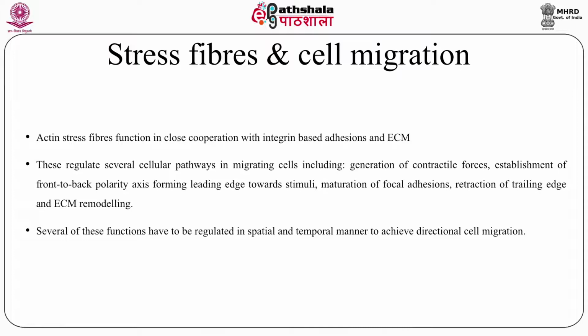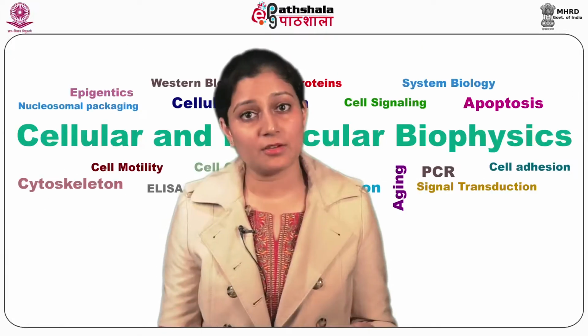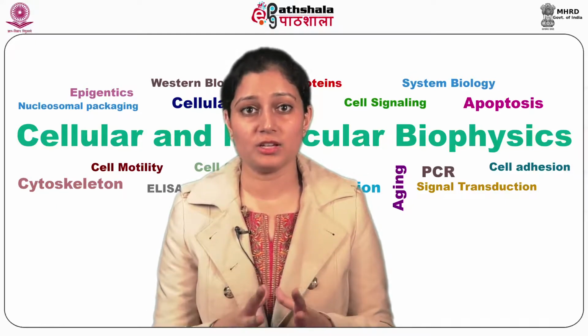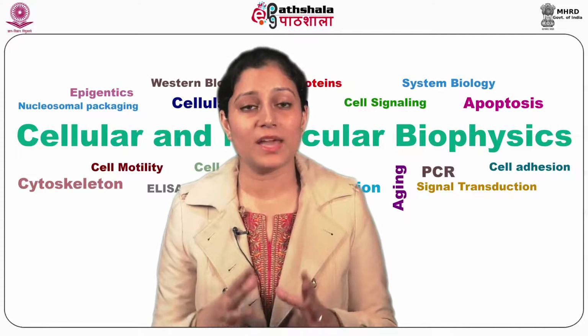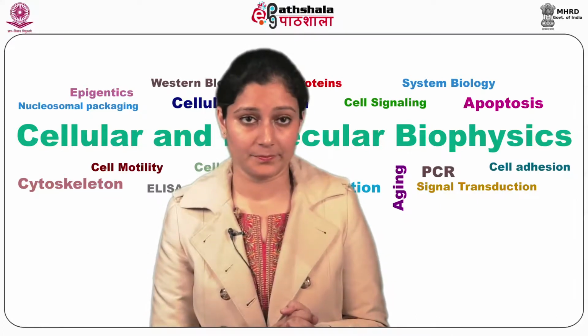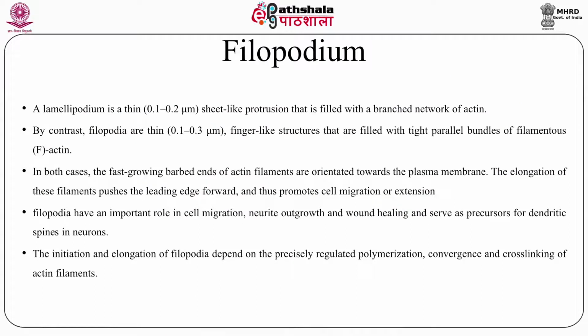They also contribute to ECM remodeling. Several of these functions have to be regulated in a spatial and temporal manner to achieve directional cell migration towards the stimuli. So, let us study lamellipodia and filopodia.